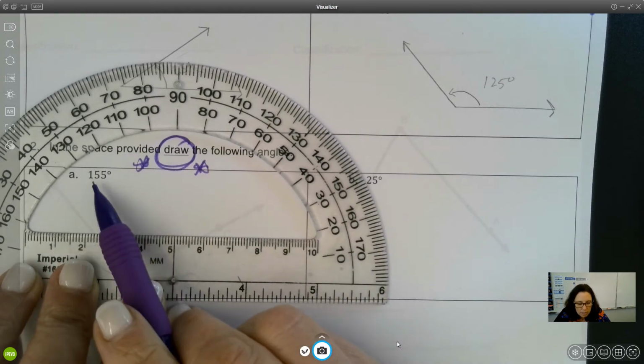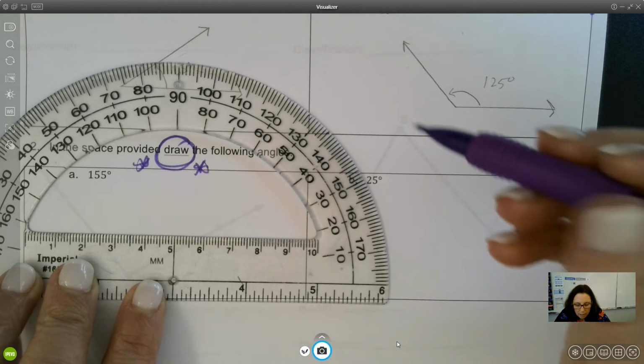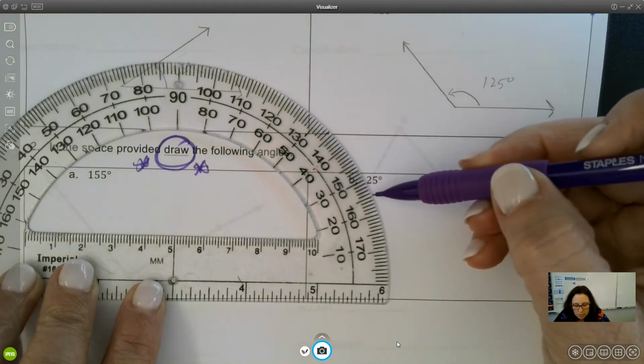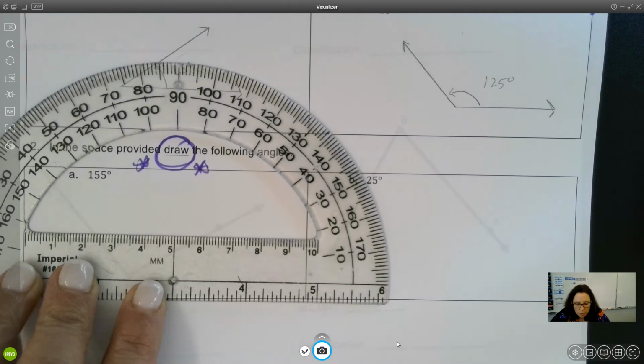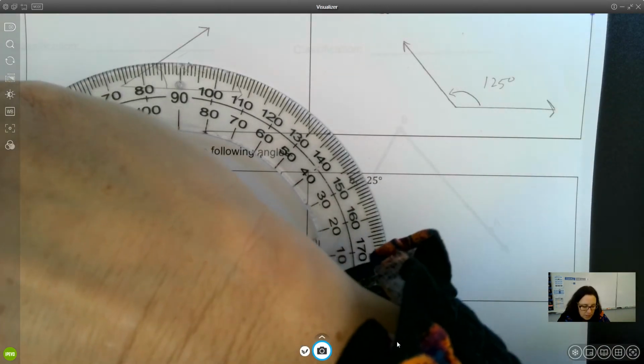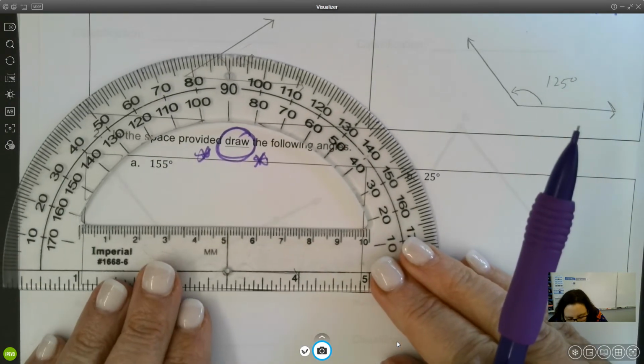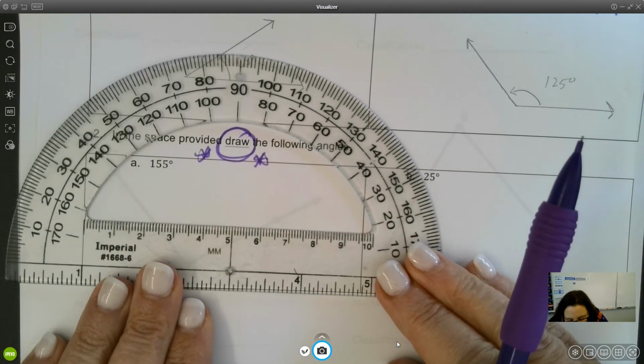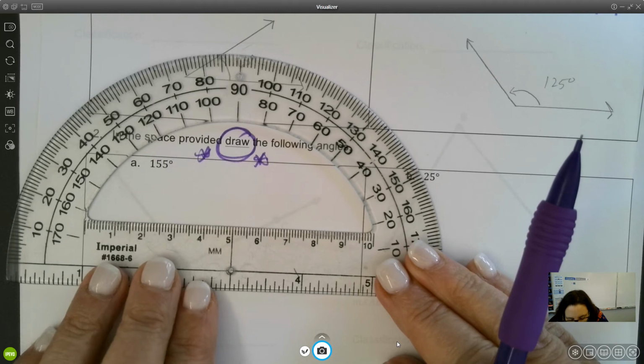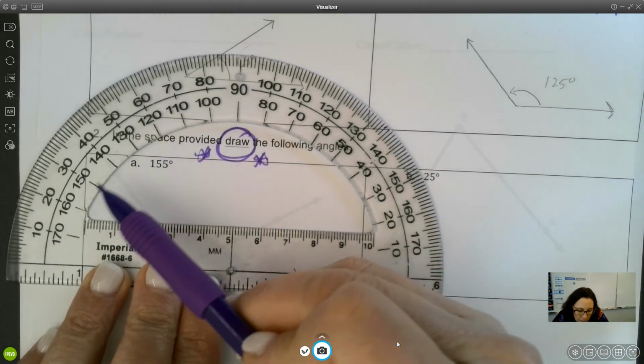I need 155. Do you see there's 155 over here? And there's also, hold on, I got to move this over, sorry. And there's also 155 over here.